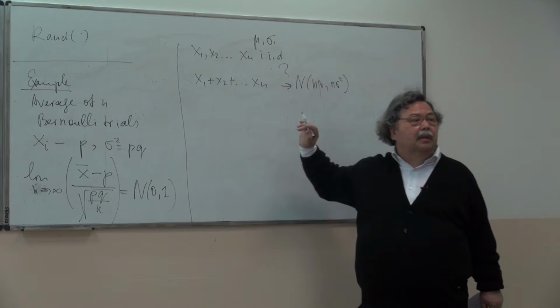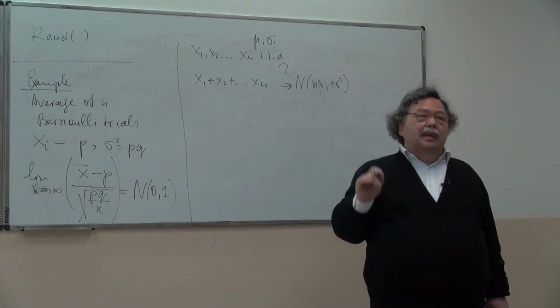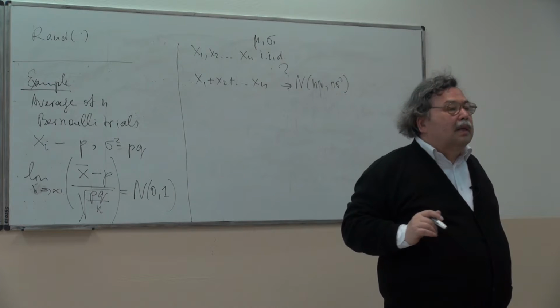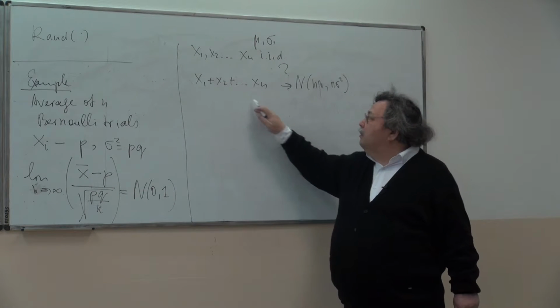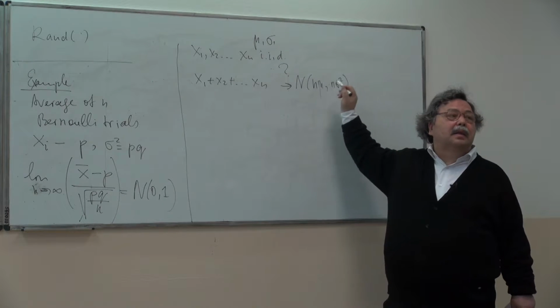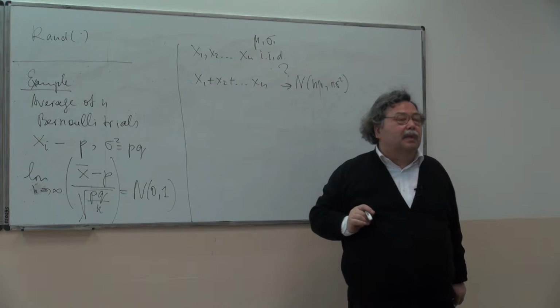But there is a catch here. There is a subtle point. It's not correct to say that this random variable approaches this right-hand side random variable as n goes to infinity.